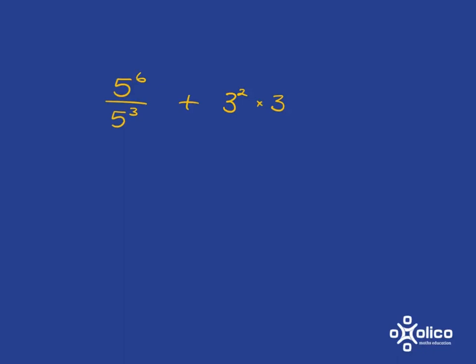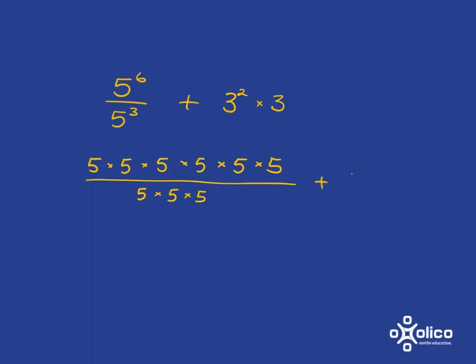So let's have a look at 5 to the power of 6. What does that mean? Writing it out, it's just 6 5s all multiplied together. And what's 5 to the power 3? Well, it's just 3 5s all multiplied together. And what is 3 squared? It's just 3 times 3, and of course then we just have a times 3.